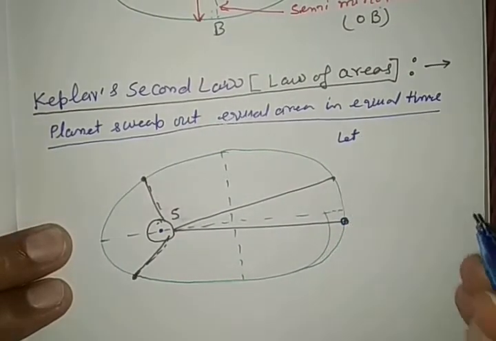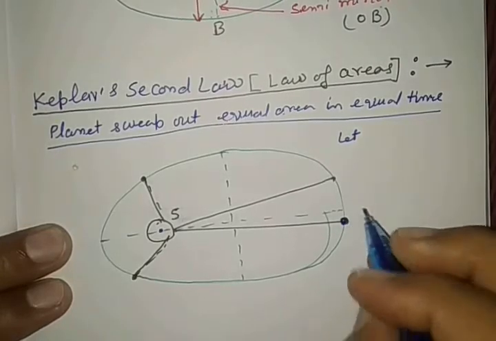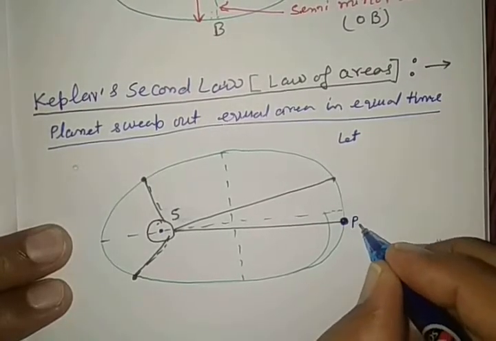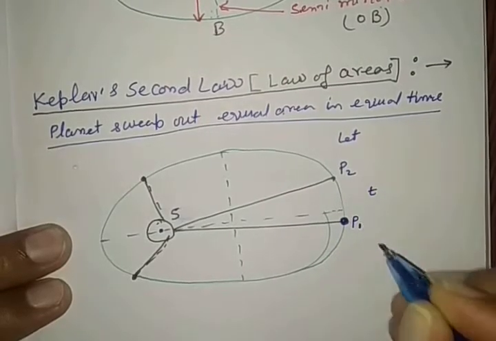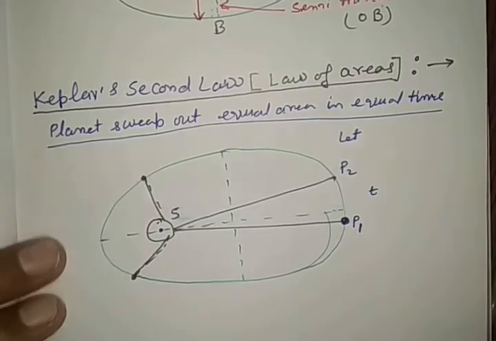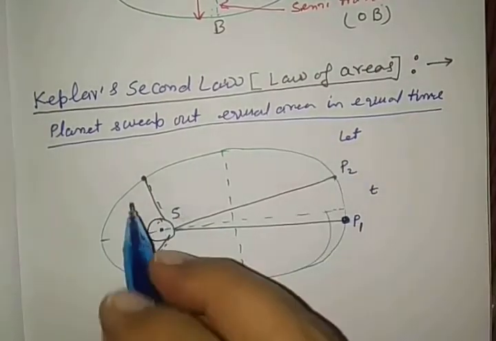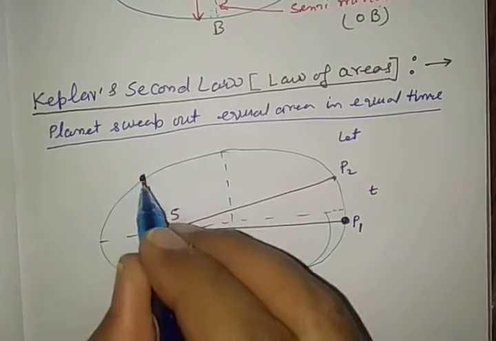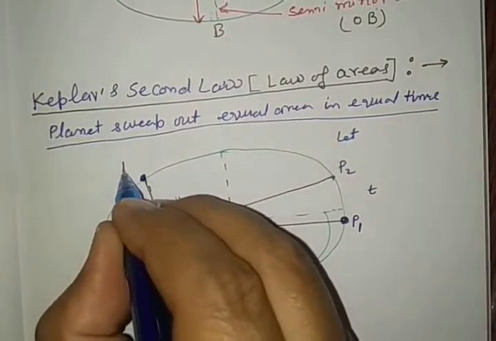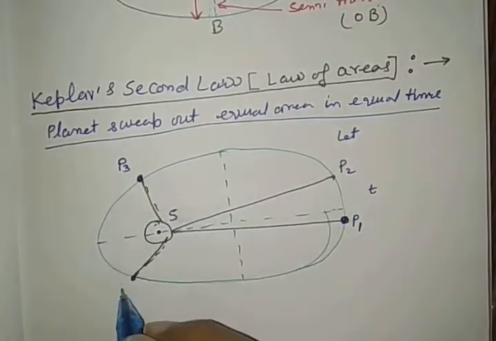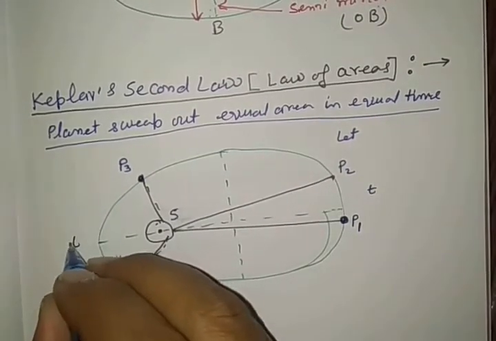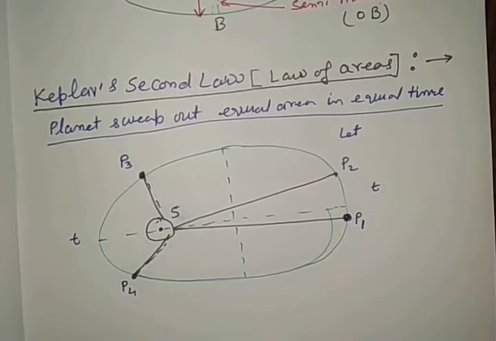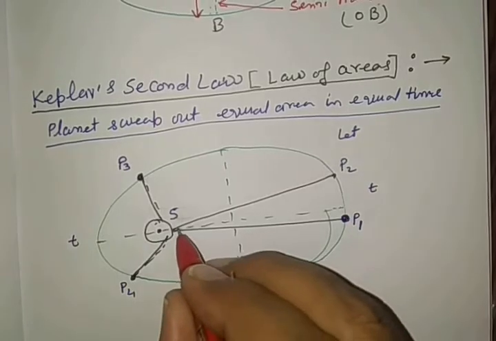To understand this, let a planet move from P1 to P2 in time t. In the same time, the planet moves from P3 to P4. The conclusion of Kepler is this.